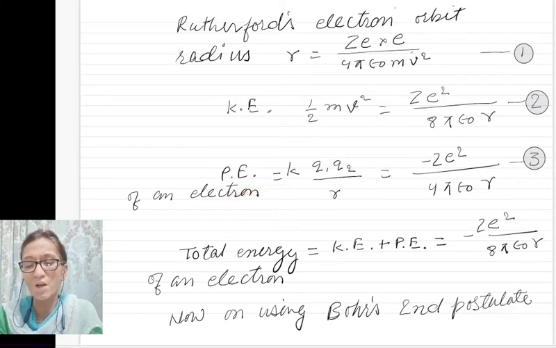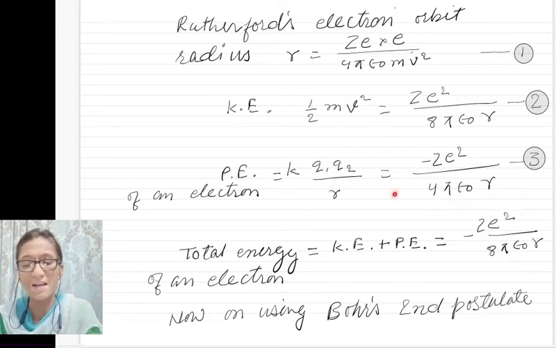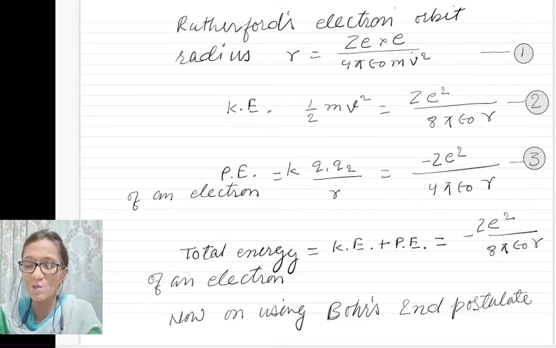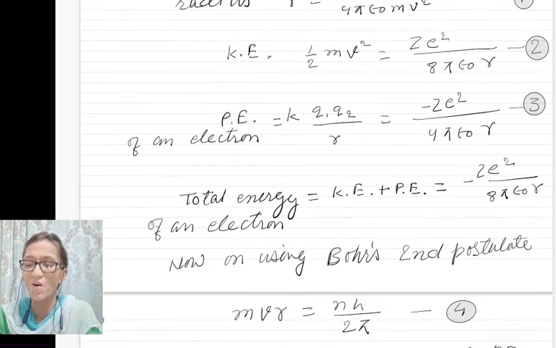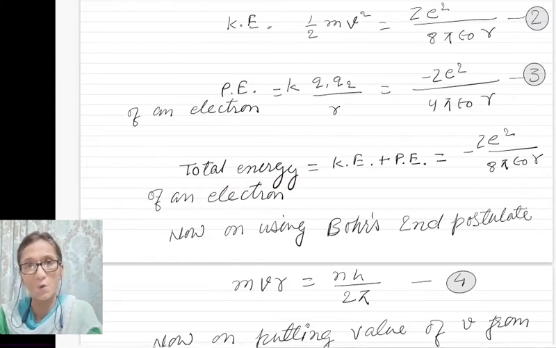So potential energy of the electron in its circular path is equal to minus Ze square upon 4 pi epsilon naught R. This also could not be obtained because we did not know the radius of the circular orbit of the electron. And this is why we could not obtain the total energy of an electron revolving around the nucleus on a circular path.